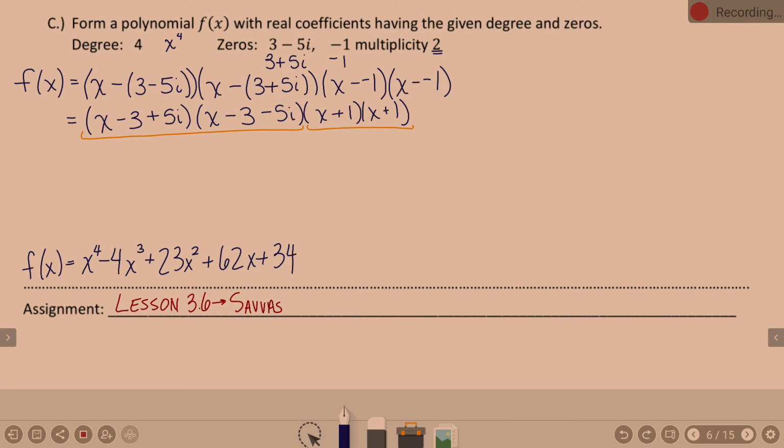You'll multiply the first two and the second two. Okay? The process stays the same there.